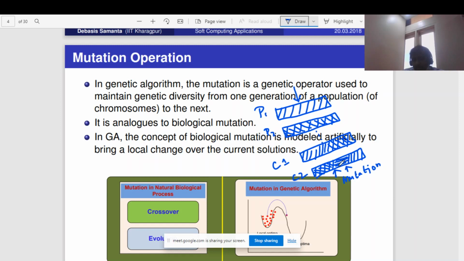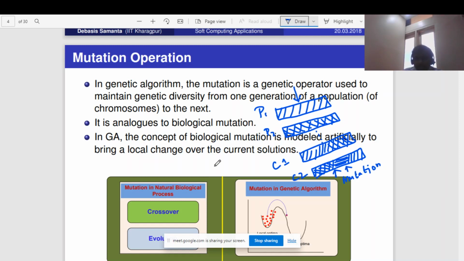Sometimes what may happen is, whenever a crossover is happening, the genes are getting copied. Some part of the genes are copied from parent 1 to child, and some part from parent 2 to child.